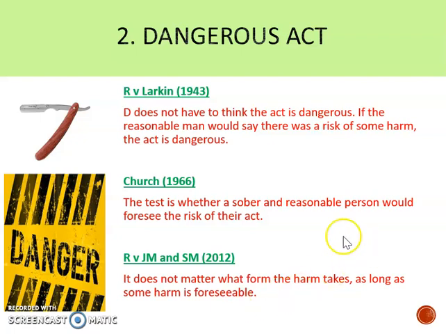So in other words, although it was slightly odd that he ran him over, you can foresee from a burglary someone might walk in and there might be some harm. So in order for it to be dangerous, we're just looking at objectively, would the jury think that some harm is likely to result from the act?